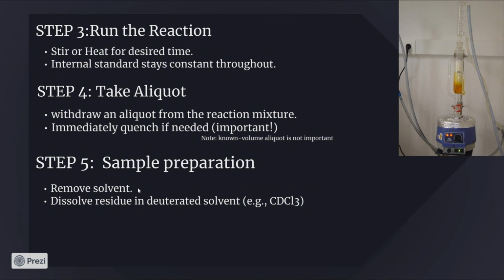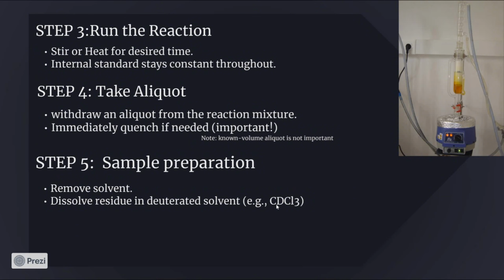If you are taking less residue, then your NMR integration will be lower and the noise will be higher. Then you will have wrong integration. So it is better to have a good amount of the residue. After that, dissolve the residue in the deuterated solvent, for example CDCl3, or you can take any other solvent, but make sure it is soluble properly.